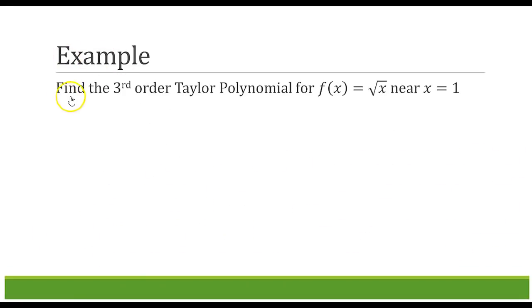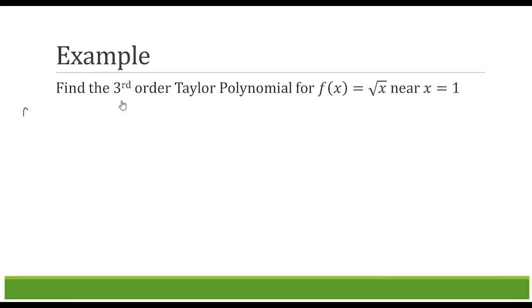In this example, we want to find the third order Taylor polynomial for f of x equals the square root of x near x equals 1. Since we need the third order Taylor polynomial, we're going to need the third derivative of our function, the square root of x, and then we're going to substitute in x equals 1 to each of those derivatives.